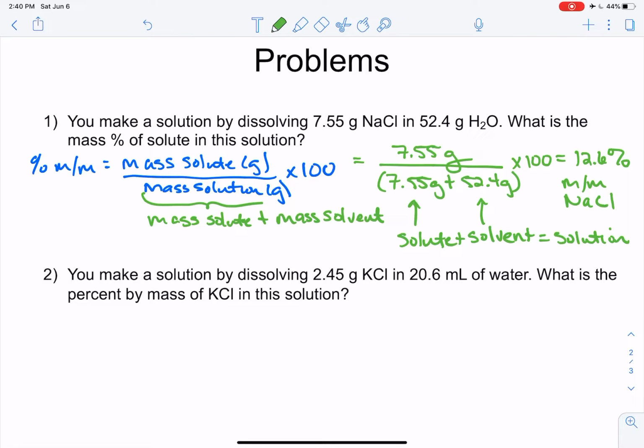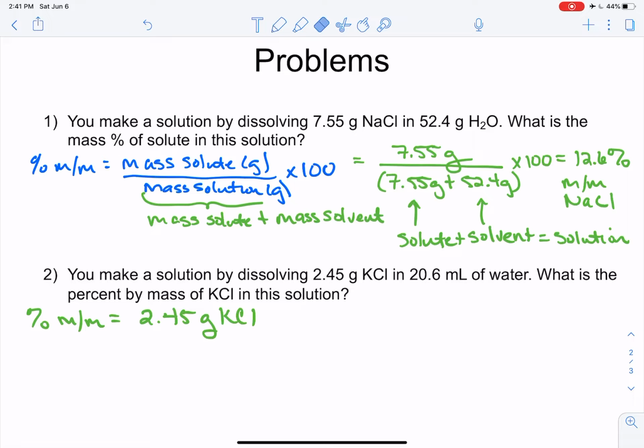Okie dokie. Number 2 says you make a solution by dissolving 2.45 grams of KCl in 20.6 milliliters of water. What is the percent by mass of KCl in the solution? So if we do percent M over M, we're going to have 2.45 grams of KCl.